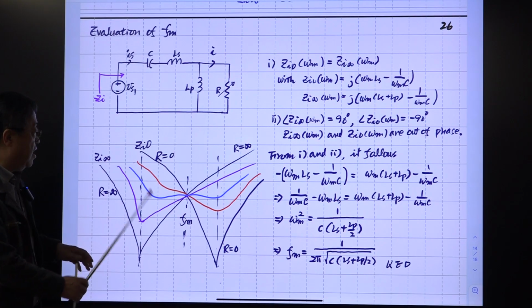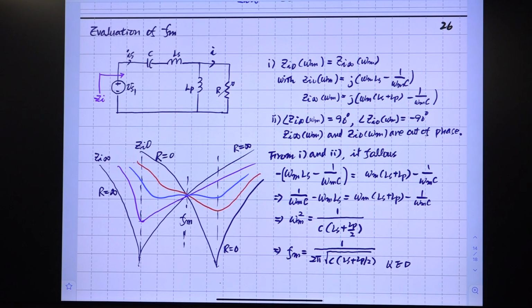As I said, because of the reciprocity property, there are 2 things valid here at this FM point, or on the other FM point. The magnitude of GI0 is the same as GI infinity, right?